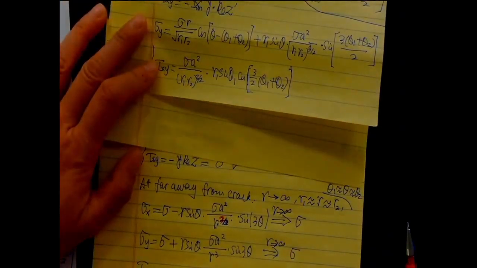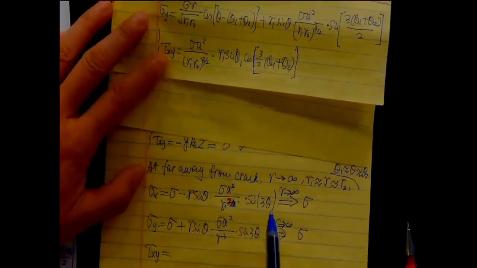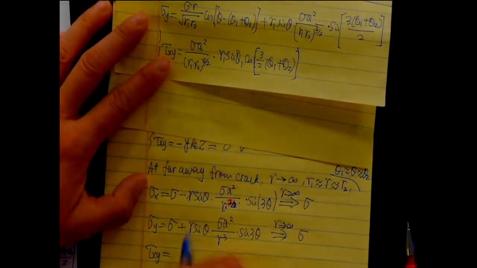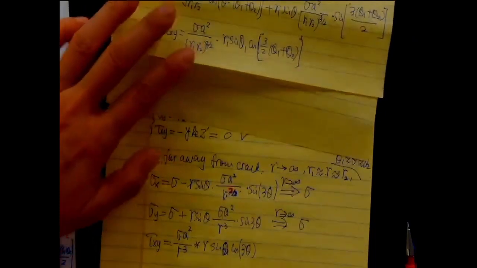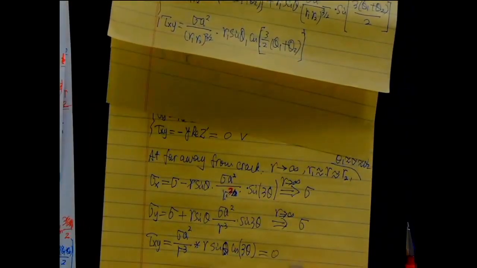And tau xy is equal to, so that goes to 0.